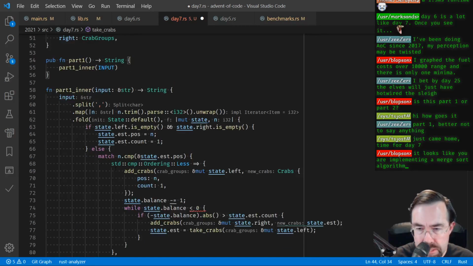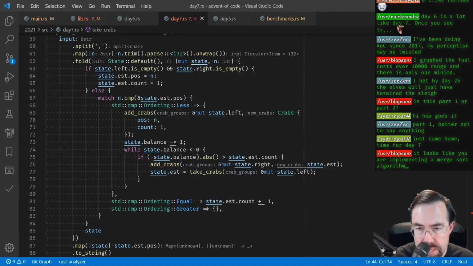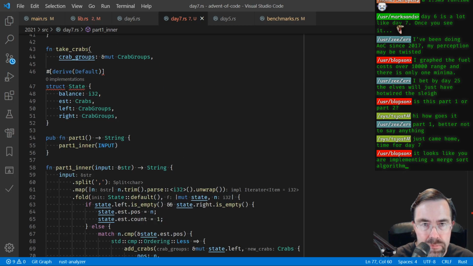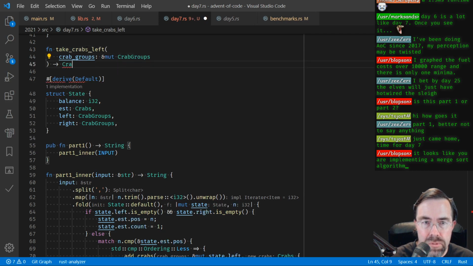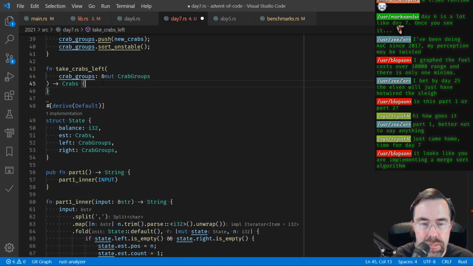And it's always like, oh, I need to say whether it's left or right, right? How about we'll just take_crabs_left and take_crabs_right. So how to take the one on the end?